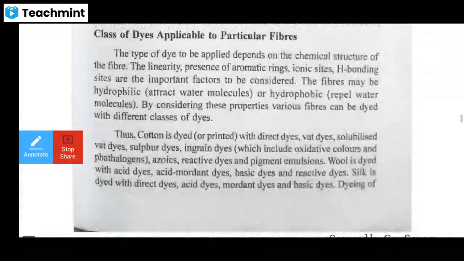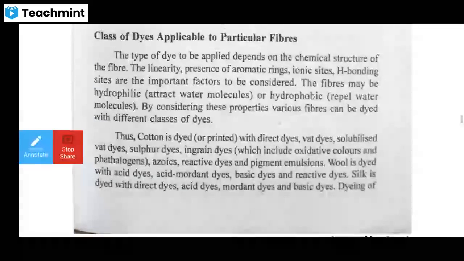Combinations used for better results are 70%, 30%, or 50-50% combinations, so that both properties occur. One is hydrophobic also, and another one is grease resistance also. So these are the important combinations made in the fibers.